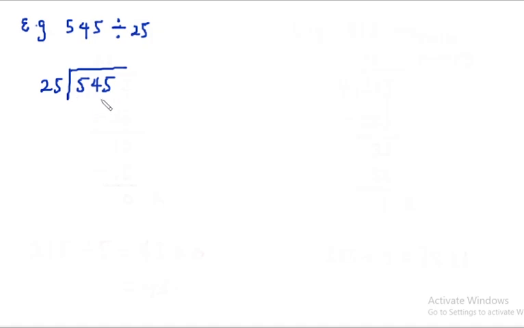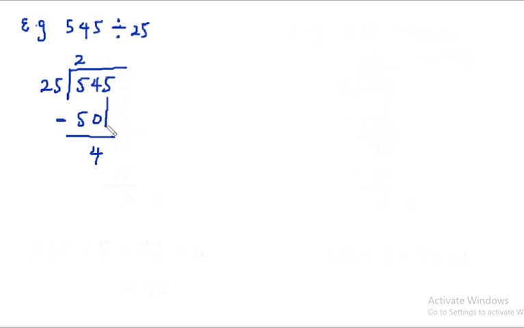So we pick the first two numbers. First two numbers is 54. How many times does 25 go into 54? Twice. So we write 2 here. So 2 times 25 is 50. Then we do our subtraction like we've been doing before. So 4 minus 0 is 4. 5 minus 5 is 0. So I'll leave it blank.